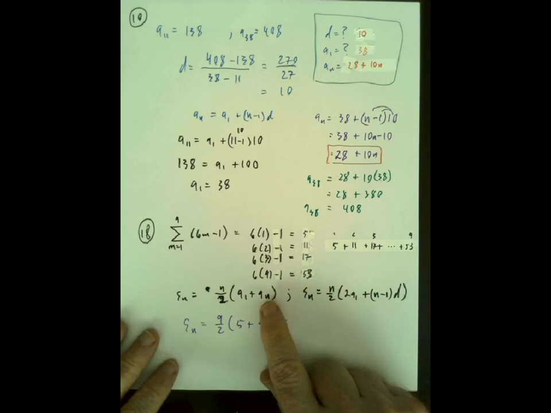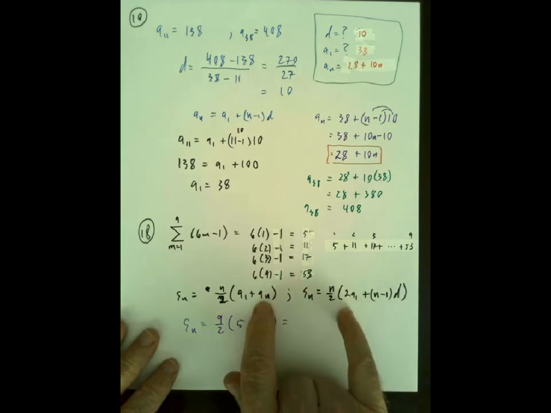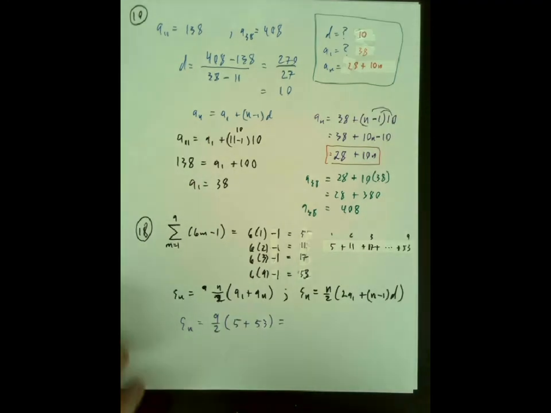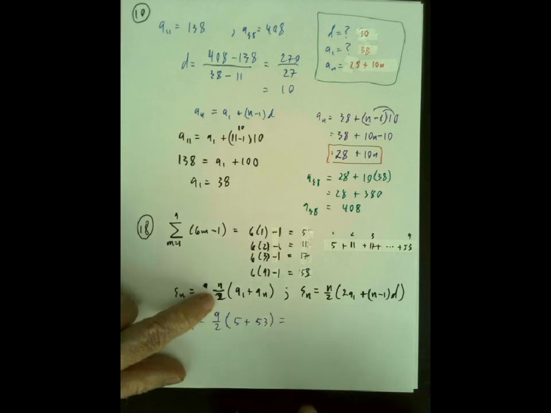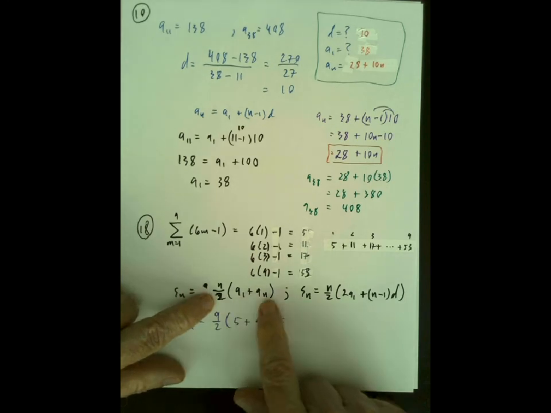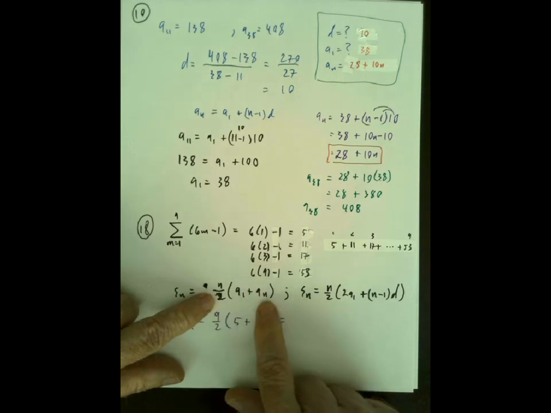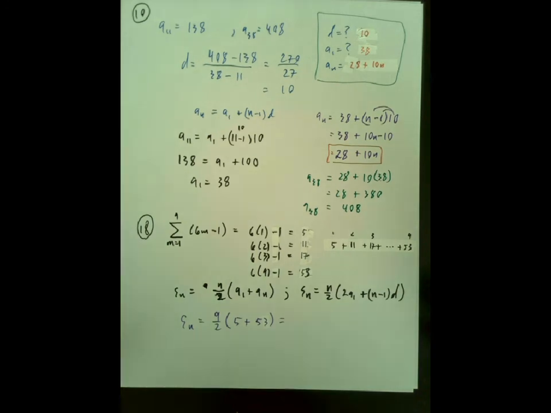We had last time 2 different formulas for the sum of an arithmetic series, so long as it was a finite series and we knew how many terms there were. It was this one here: n divided by 2 times a1 plus an, where a1 is the first term, n is the number of terms in the series, and an is whatever the last term in the series was.